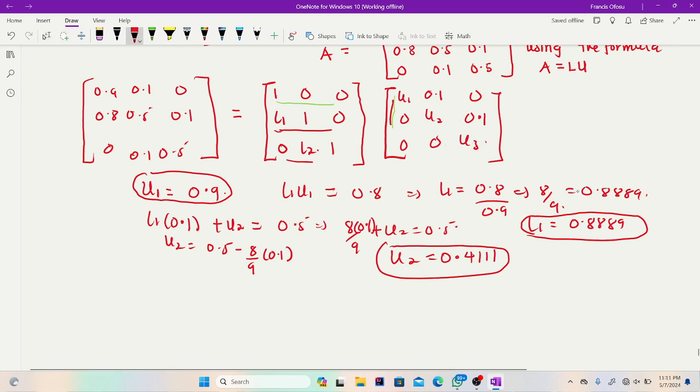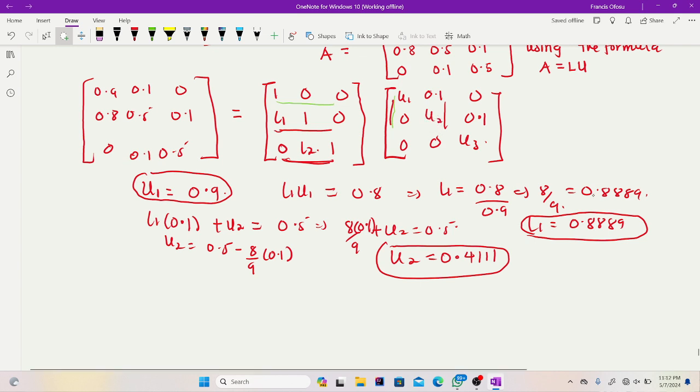Then we come to the last row. For the last row, I have here U2. I can't multiply U2 by the first column because it will be 0. So I'll simply multiply this last row by the second column, because L2 is in the middle. So you should be able to multiply a corresponding non-zero term here.